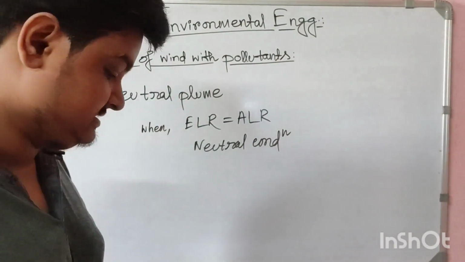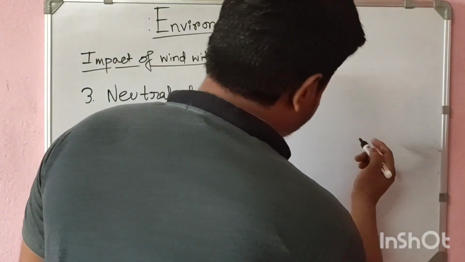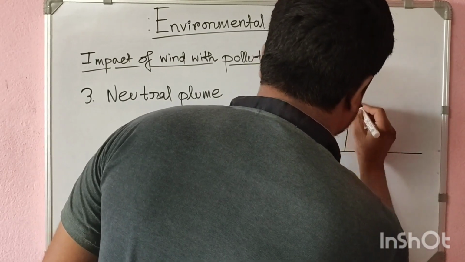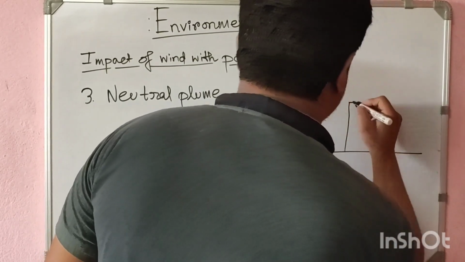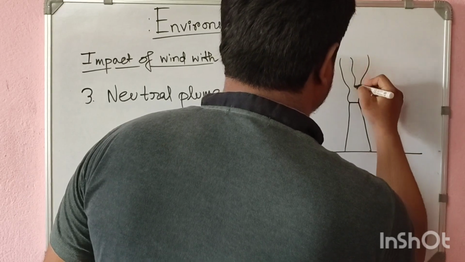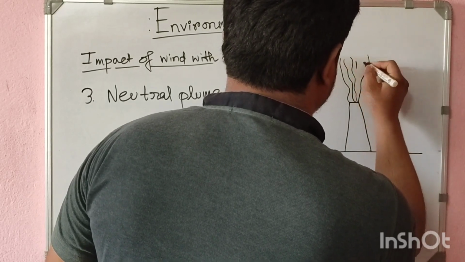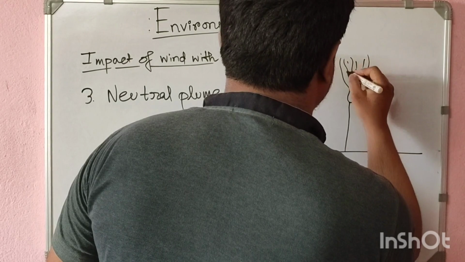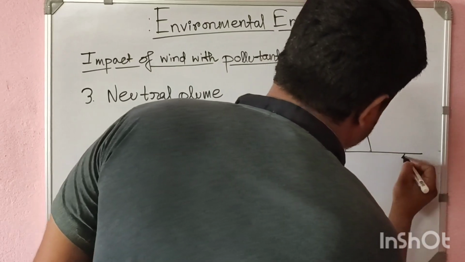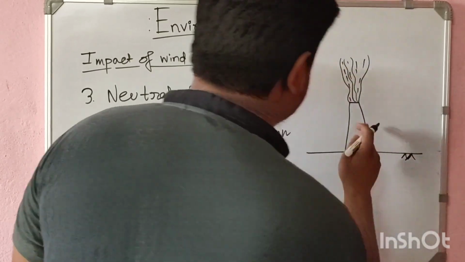Now see the picture, how it is coming. This is the ground and this is the stack or chimney.